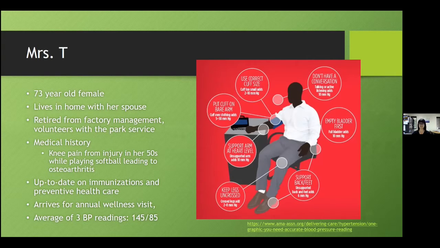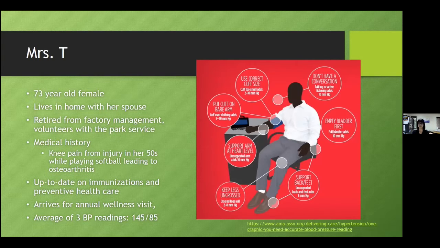So we want people to be sitting for about 5 minutes, feet flat on the floor with their back supported. You want that cuff on just the bare skin of the arm, and you want it supported at heart level. So you don't want them holding it up here, but you want to arrange it so that there's something that they can rest their arm on here.